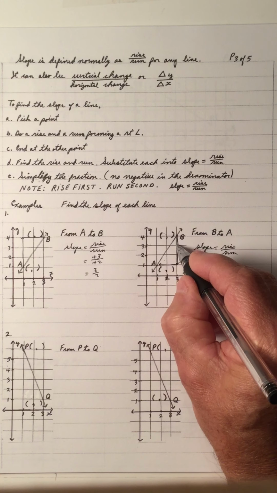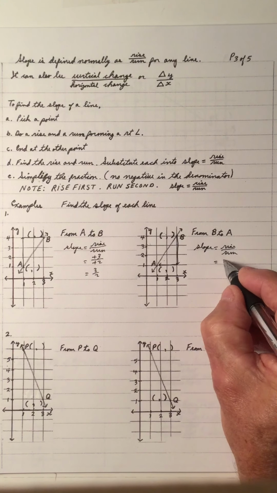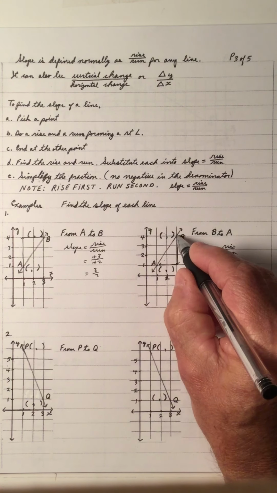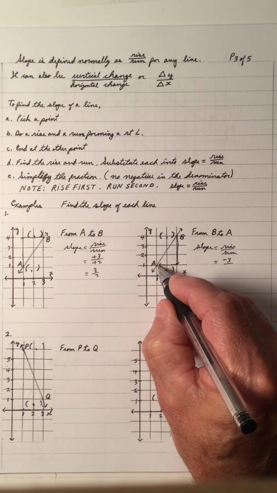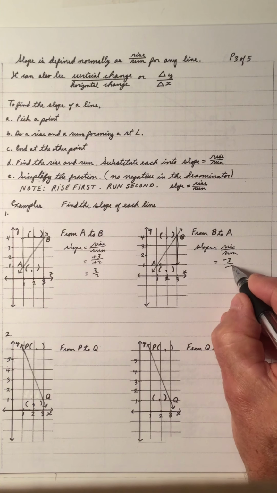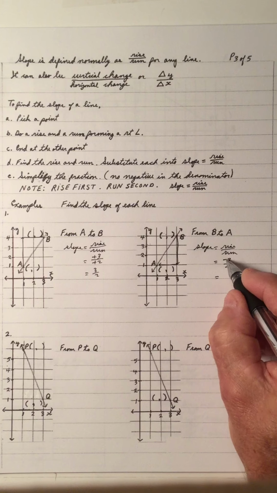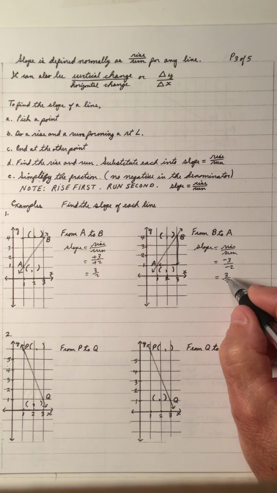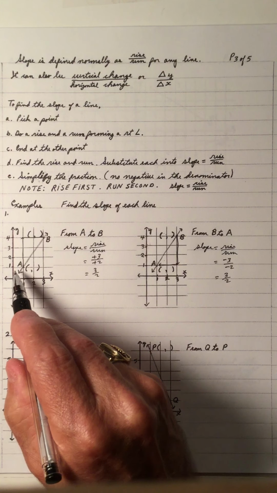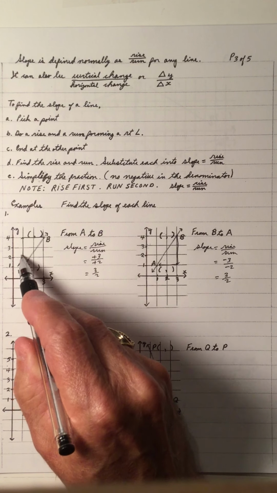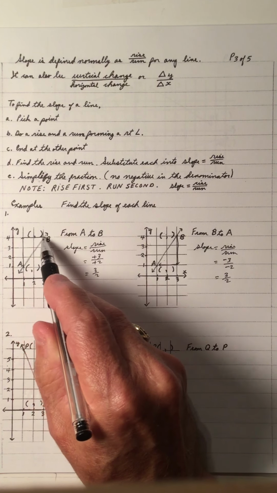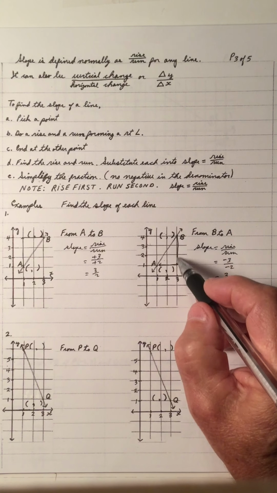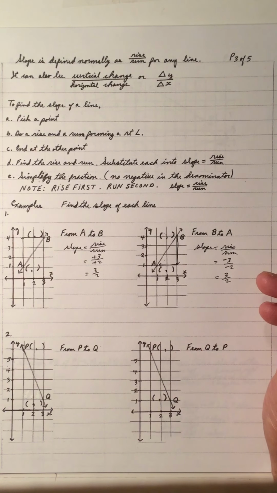This time, 1, 2, 3 is a minus 3, because you're going down, and to the left is 1, 2, so it's a minus 2, but 2 negatives become a positive. So you still get 3 over 2. It makes no difference if you go up and to the right, or down and to the left, you're still going to get the same slope.